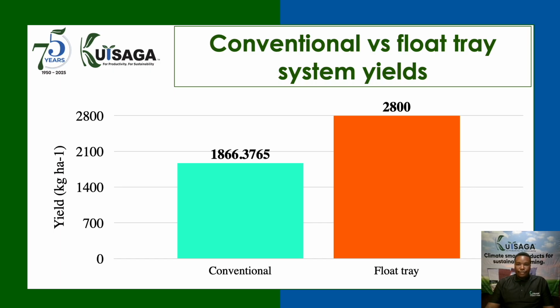So when you use the float tray system, you're bound to get a lot more as compared to the conventional system. This ties in very well with some of the benefits that I mentioned: a rigorous rooting system, disease-free seedlings and things like that. And that equates to higher yields when it comes to your reaping, curing, baling and selling.